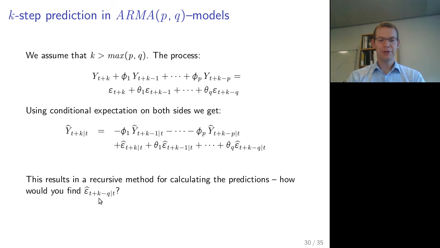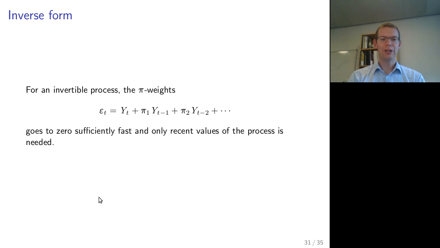For the epsilons here, what we need to do is to invert the process like this, so that we have epsilon_t as a function of the previous y's. And if it is invertible, then these pi weights go sufficiently fast to 0, and we only need some elements in that term to get a good enough estimate of epsilon_t.